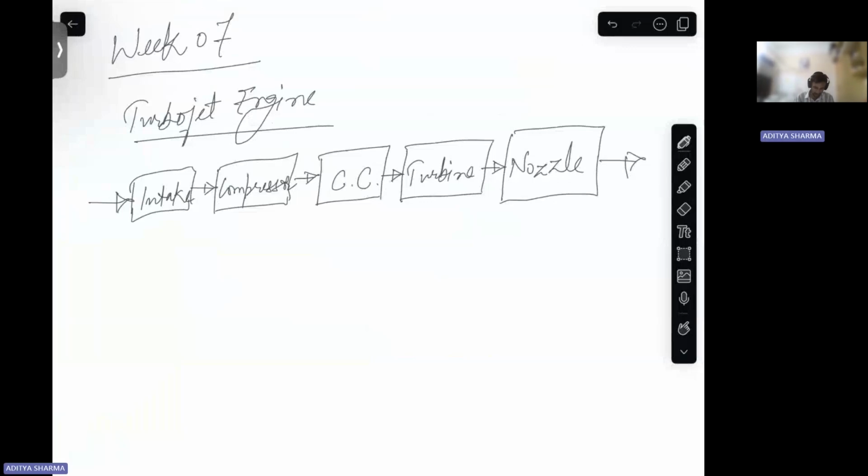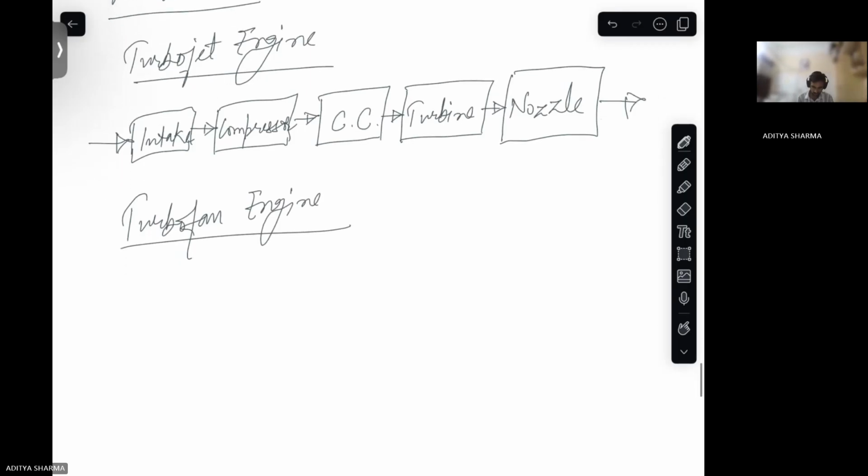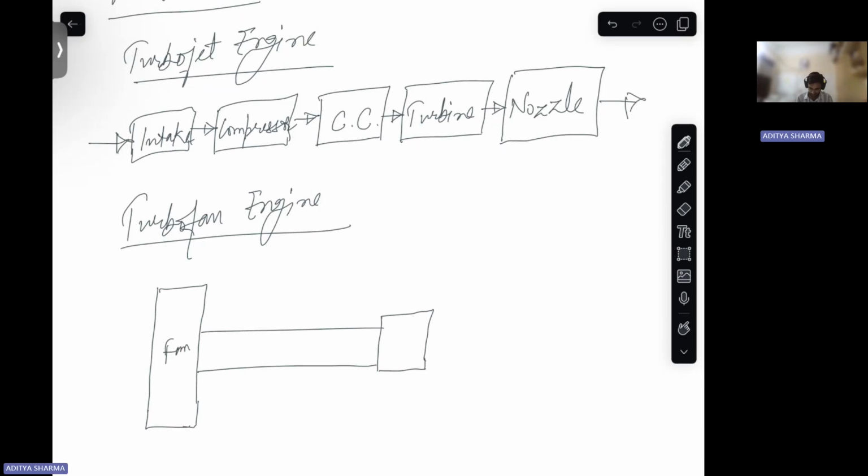Then there is the turbofan engine. As in week 2, I have already said that we'll have a fan. Then we'll have a compressor here. Then we'll have a combustion chamber here, and a turbine. Here you have bypass.